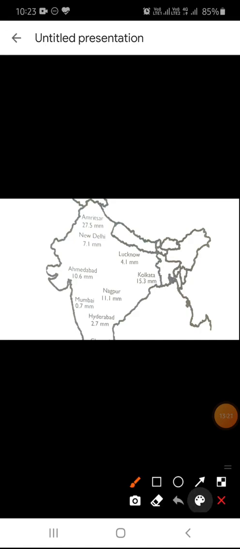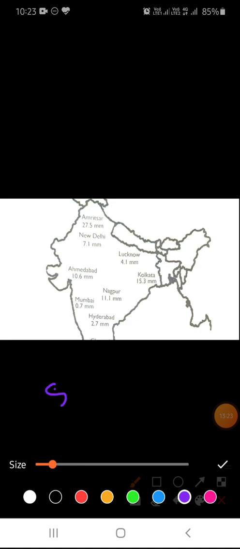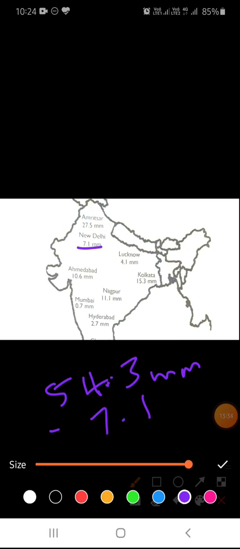Now question number 2, how humid is Srinagar compared to New Delhi? Now here you can see the comparison between Srinagar and New Delhi. In Srinagar the rainfall is 54.3 mm, and in New Delhi it is 7.1. You can see the difference between these by subtracting them.